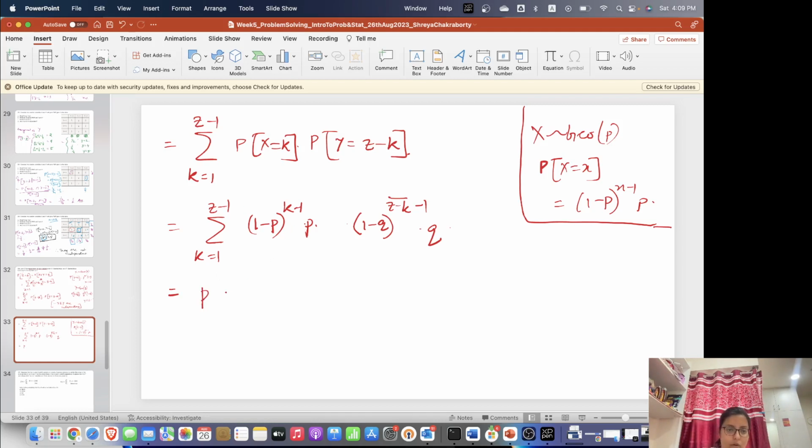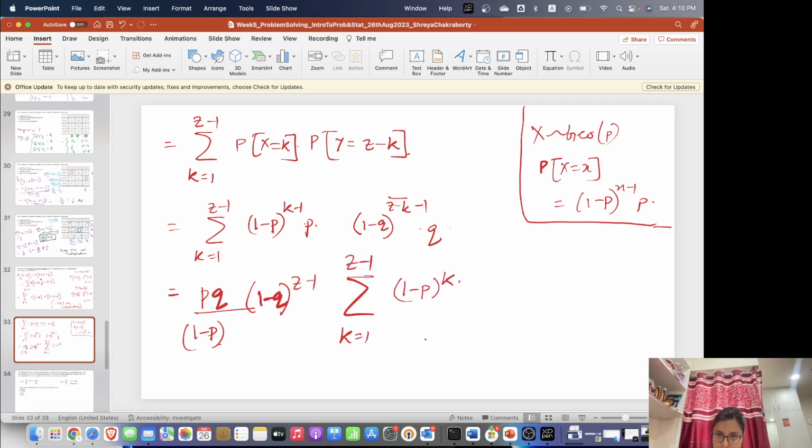So we can take it out, pq, 1 minus p to the power minus 1, by 1 minus p we can take out, and 1 minus q to the power z minus 1 we can also take out, then we would have summation k equal to 1 to z minus 1, 1 minus p to the power k into 1 minus q to the power minus k.